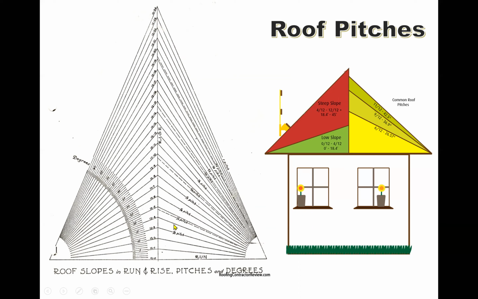Now, full pitch, which is the steepest a roof should ever be, is what we would call a 24 in 12 pitch. So it means that the rise would be 24 inches and the run, which is constant, would be 12 inches. So we would say that that is a full pitch roof.